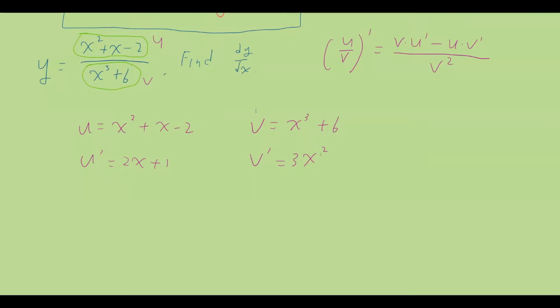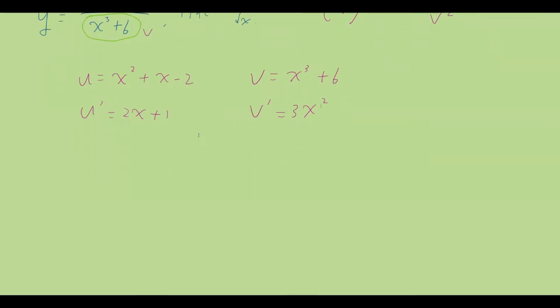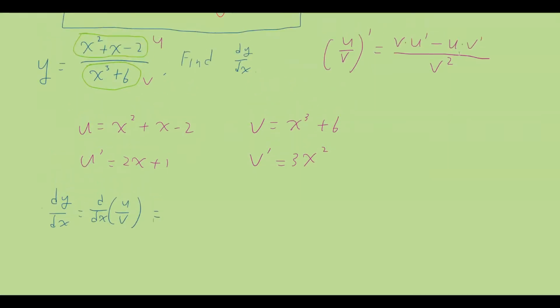So now that we have u, v, u prime, v prime already, let's go ahead and find out what the derivative of y is. So dy/dx is equal to the derivative of u over v, which, by applying the quotient rule, is going to be v times u prime minus u times v prime all over v squared.